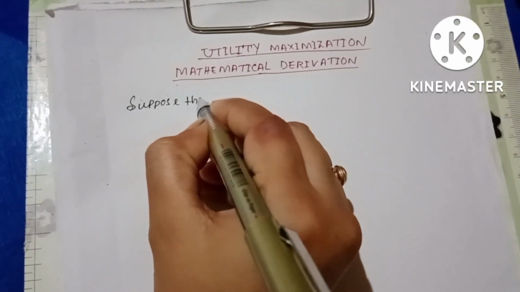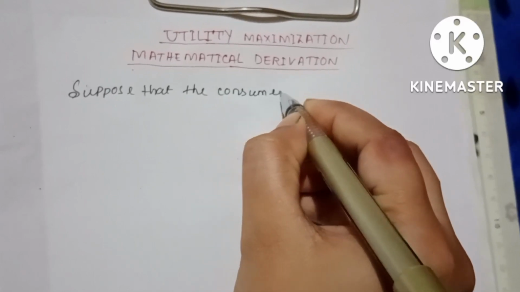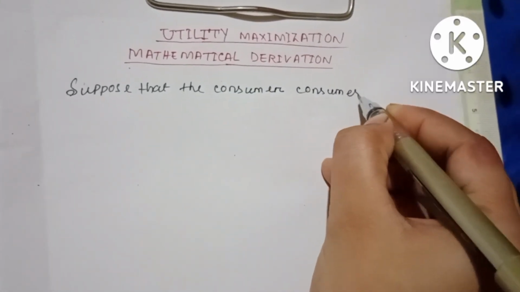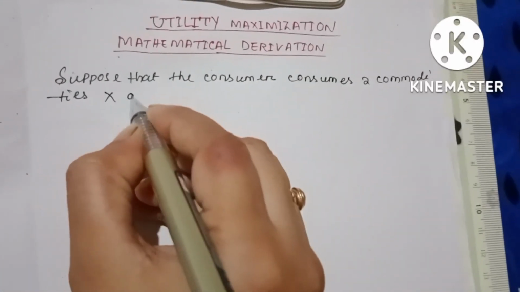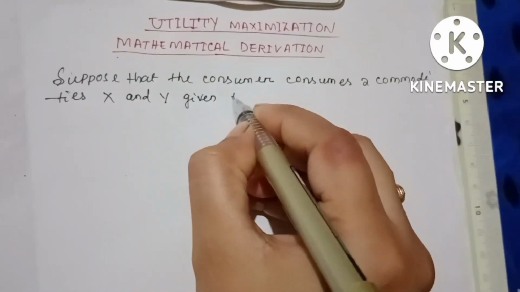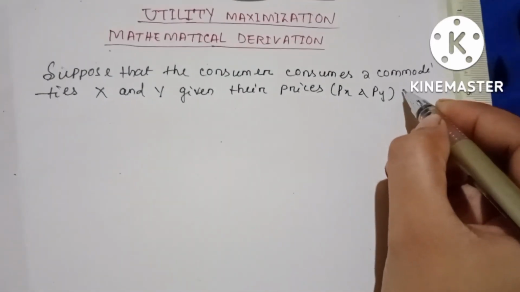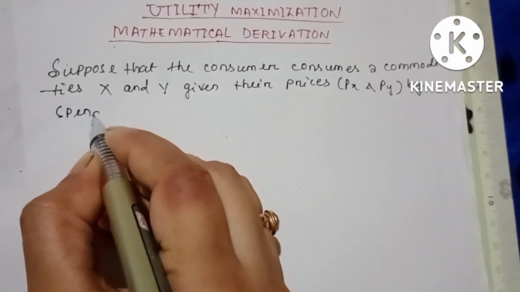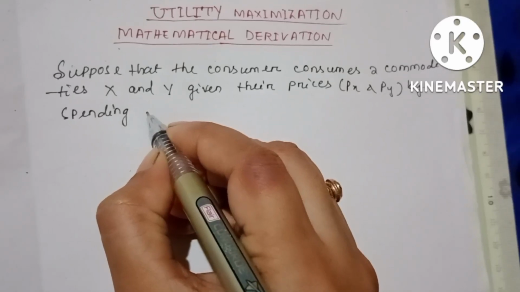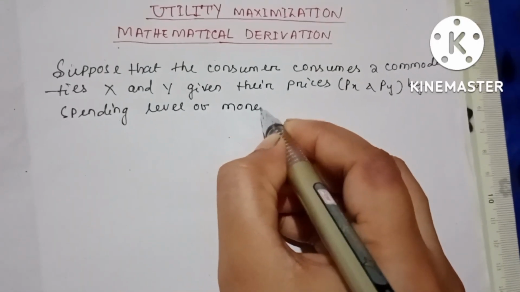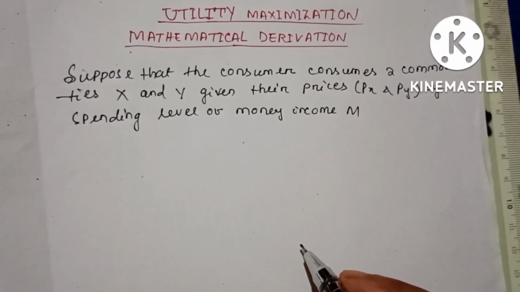Suppose that the consumer consumes two commodities, X and Y, given their prices px and py, by spending a given money income m, which is constant or given.